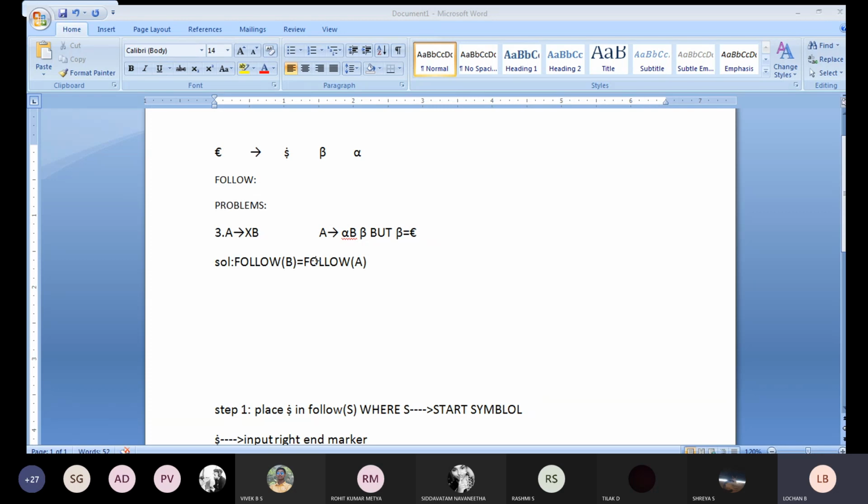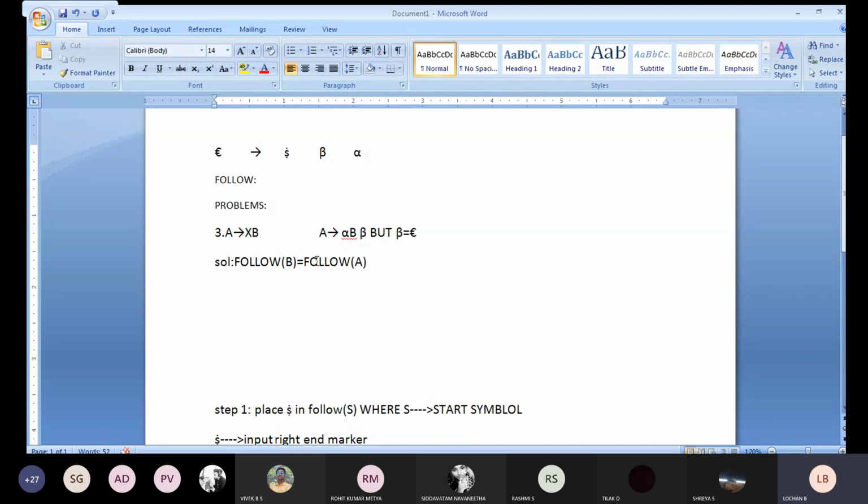Once you completed, you just inform me. We will move to one more basic problem and then move to the question paper problem. This formula I'll tell you now: follow of B is equal to follow of A. While solving the problem, you'll understand how it is equal. Just write the formula now.